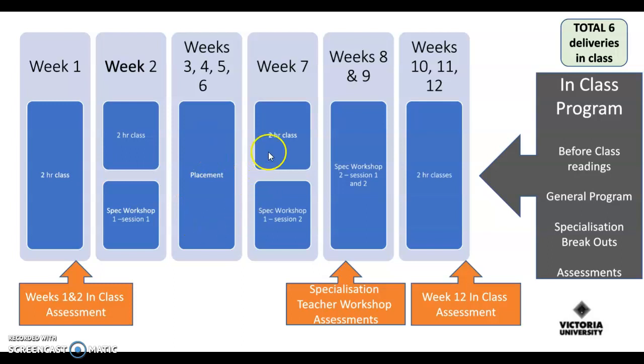In week 7, you have the 2-hour class plus the second half of that specialisation workshop. In weeks 8 and 9, you have the second specialisation workshop only. In week 8, you'll have session 1, and in week 9, you'll have session 2. You won't have the 2-hour classes in those 2 weeks, and that's in lieu of these specialisation workshops.